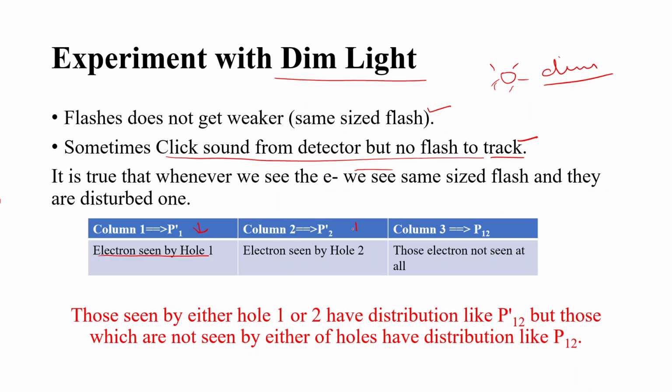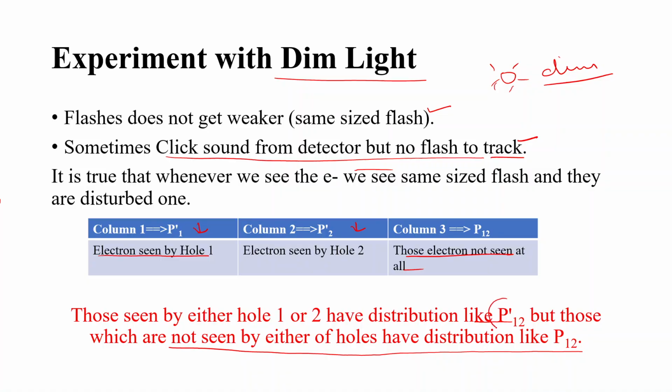Column 2, P'2, electrons seen by hole 2 come under this, and those electrons not seen at all come under P12. So those seen by either hole 1 or 2 have a distribution like P'12, but those which are not seen by either of the holes have a distribution like P12.